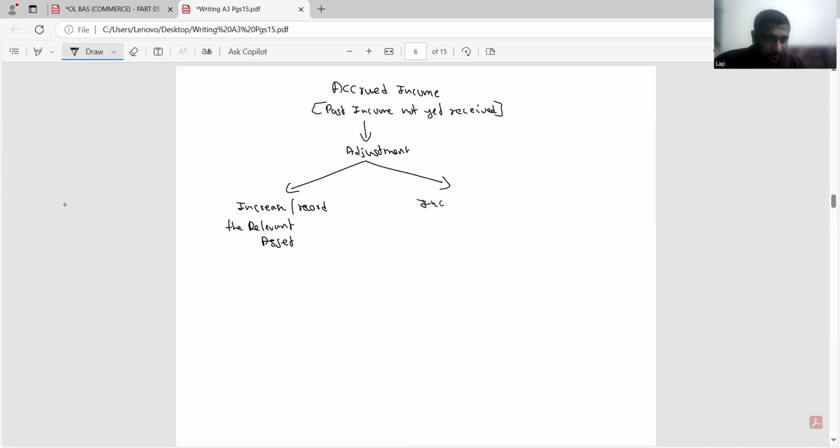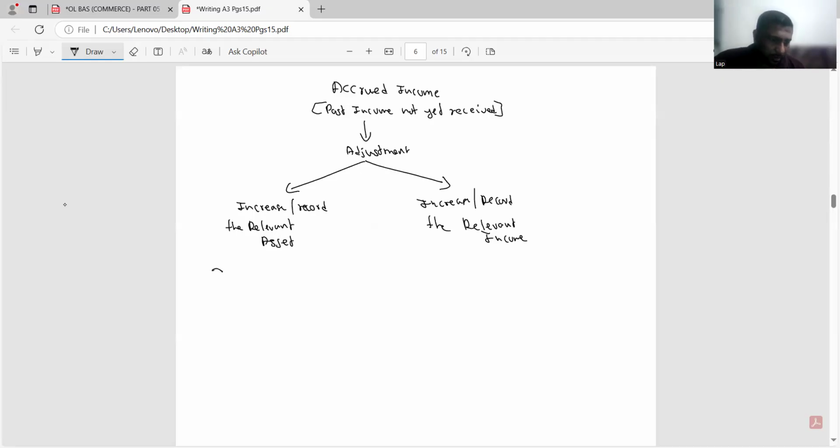The other one is increase or record the relevant income. From one side increase the asset, from the other side increase the income. Simple.